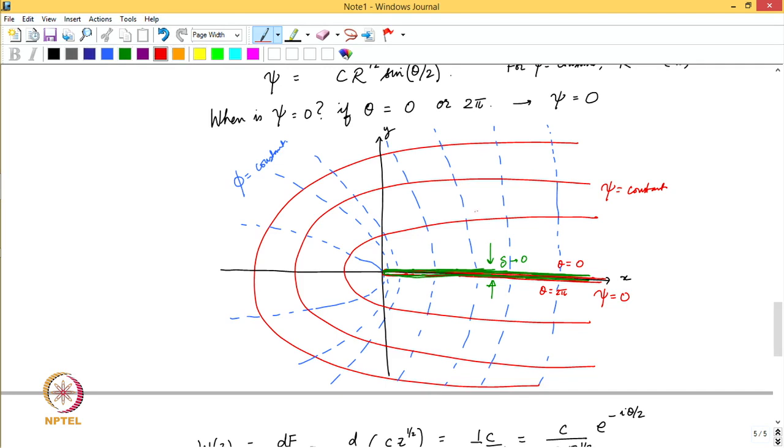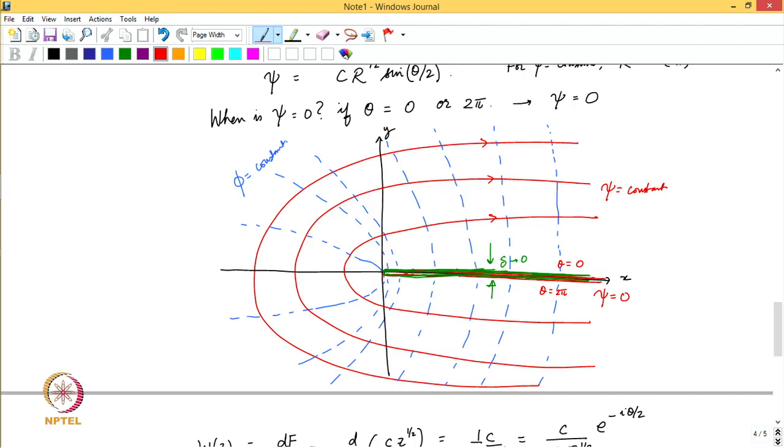So, on the top half the flow is going radially outwards, so it is going away from the origin. That is the direction that the flow is taking. In the lower two quadrants the flow is coming radially inwards. So, it must be in this direction.